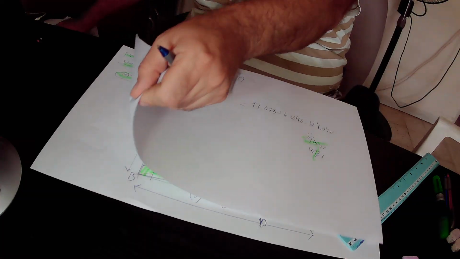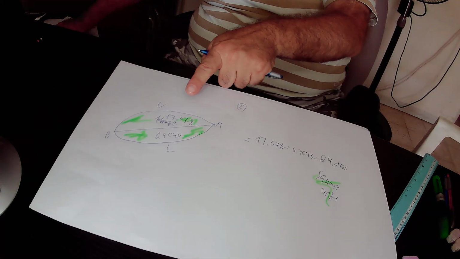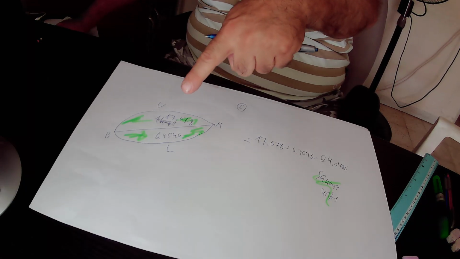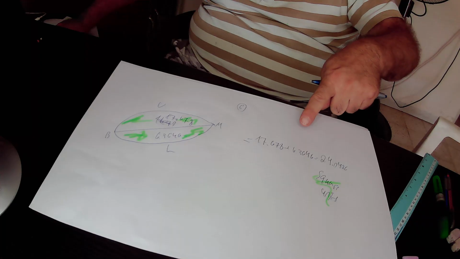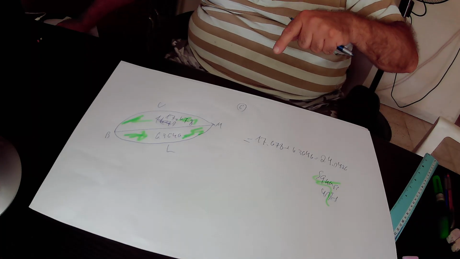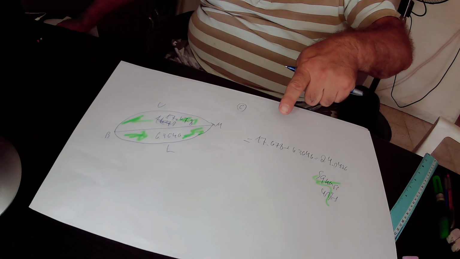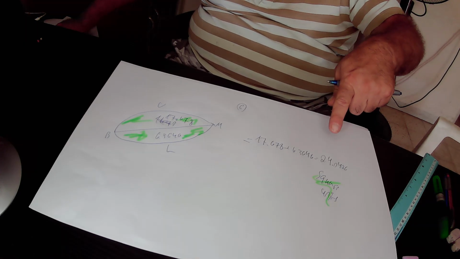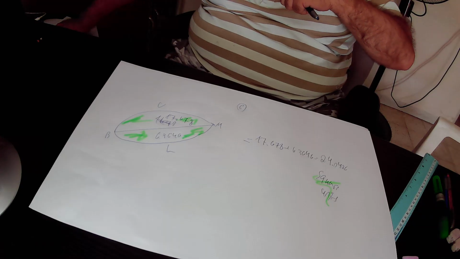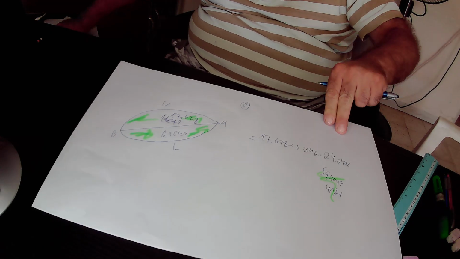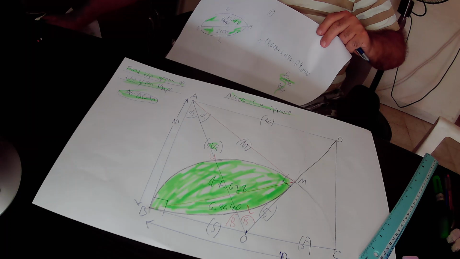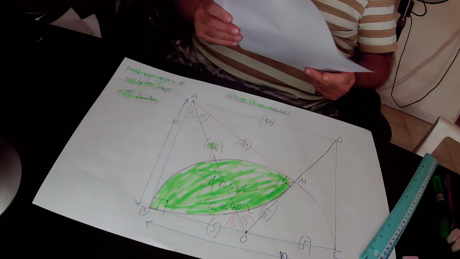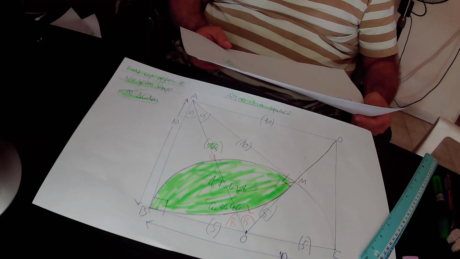So 17.678 plus 6.3646 is equal to 24.0426 square units in size. So in total, the area of this green shape, the area that we are looking for in this question, is equal to 24.0426 square units in size.